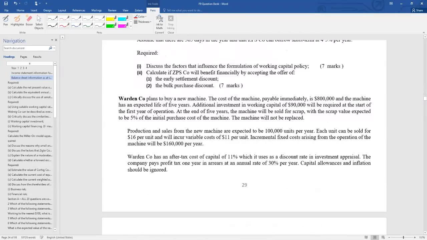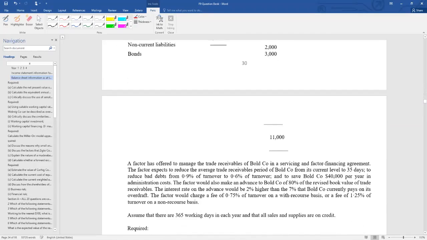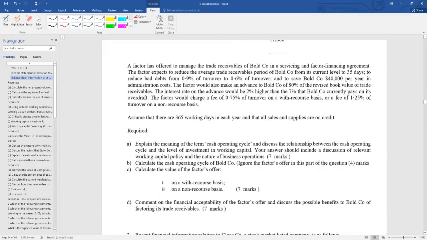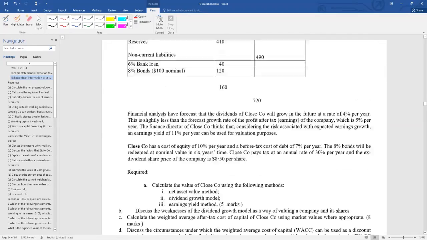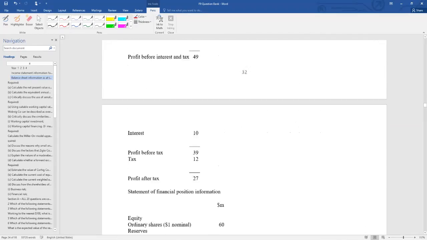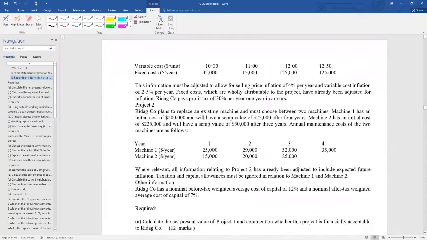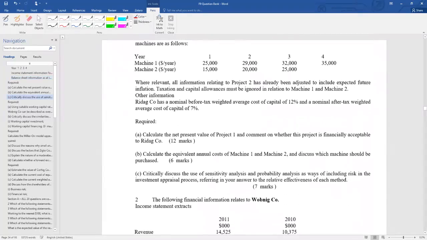Question, yes, Thomas. Part A had Roman 1 and 2, which I think were asking about market value. They wanted to use different methods to arrive at it.